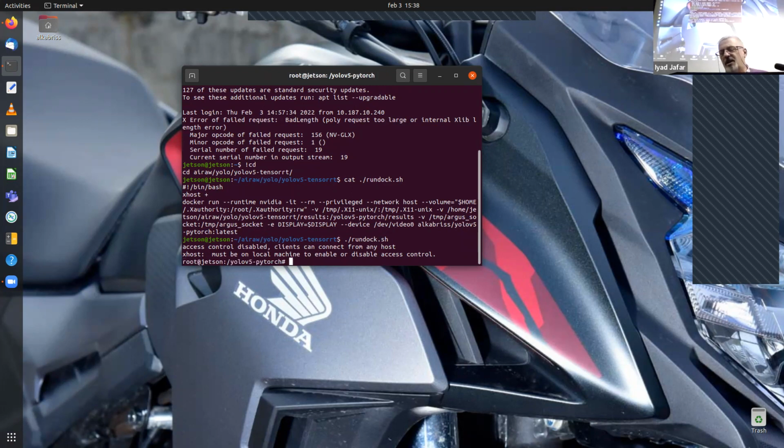The container is started, and I'm working as root inside the container, so I have all the privileges. There's also a folder which is persisted from outside to the inside. So if I need to exchange some piece of code, some programs, I want to make changes, I can do whatever I want and make sure that everything doesn't get lost.